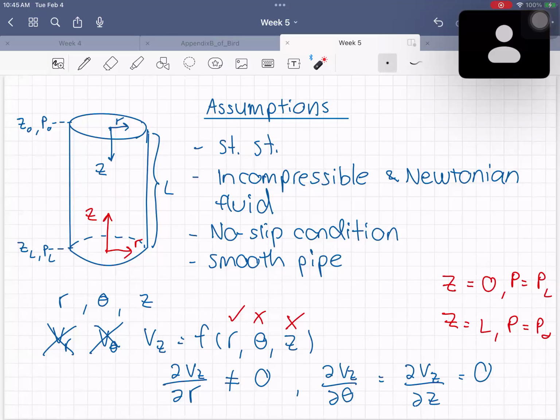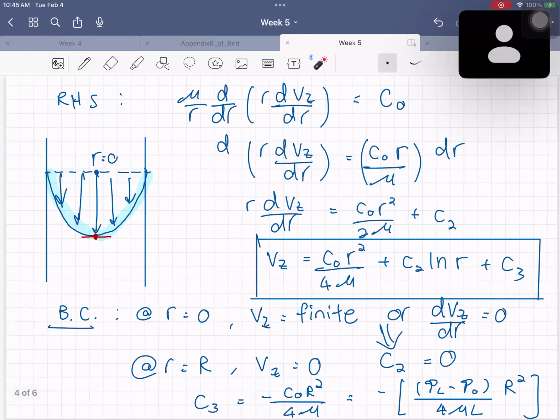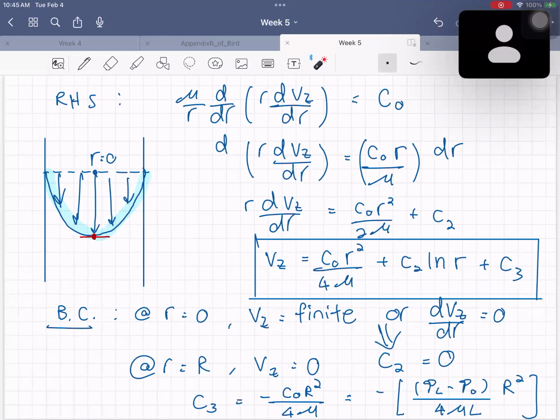Mass has no direction, but the velocity is in Z direction, so the momentum direction will be in Z direction. And which direction is momentum transferring to? R direction, because velocity is changing in R direction. That means momentum is changing in R direction accordingly.